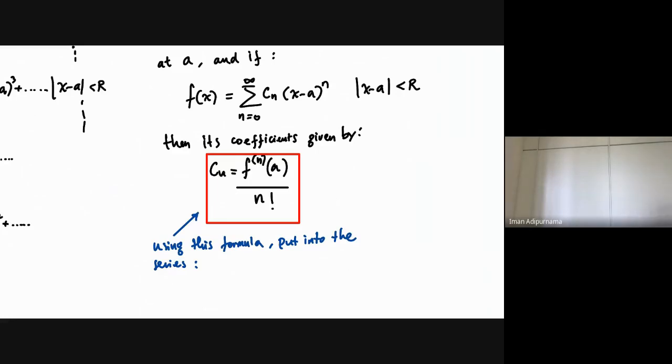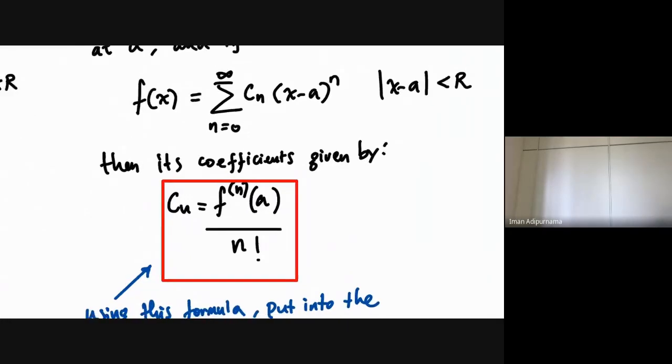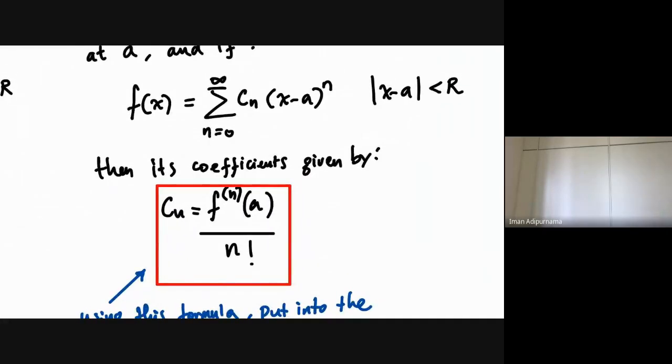So what we are going to do is see this form. It's cn, right? Let's substitute this cn into the general term. And after we substitute, we expand the series. That's the Taylor series. Okay, that's the Taylor series.